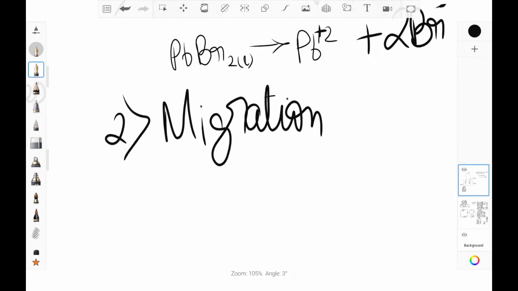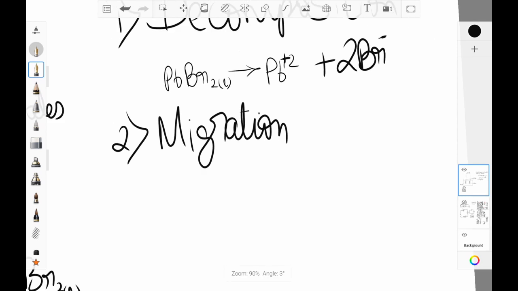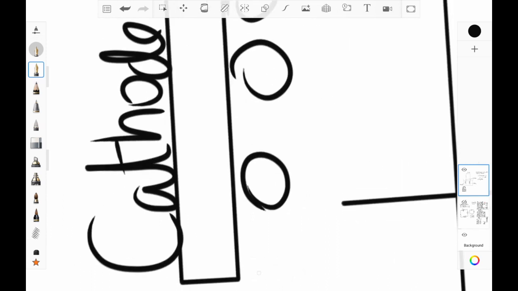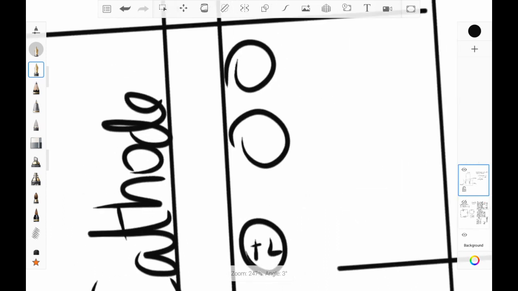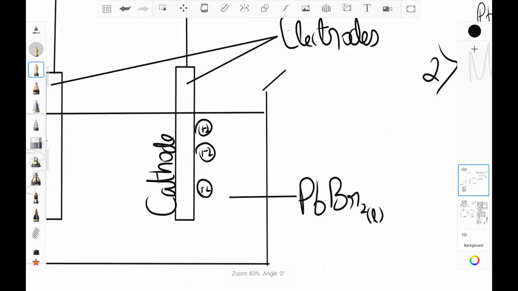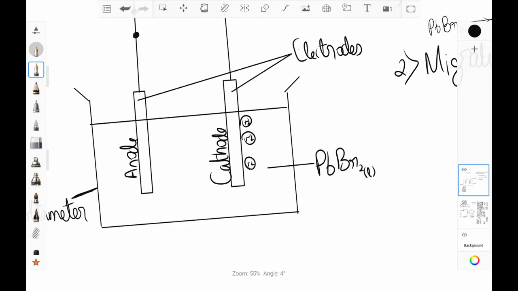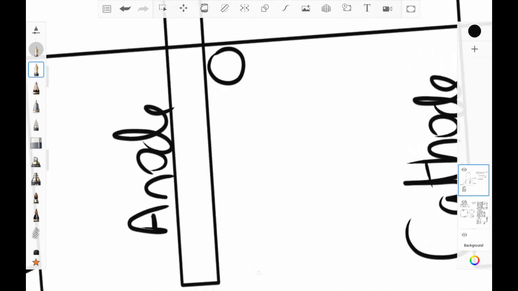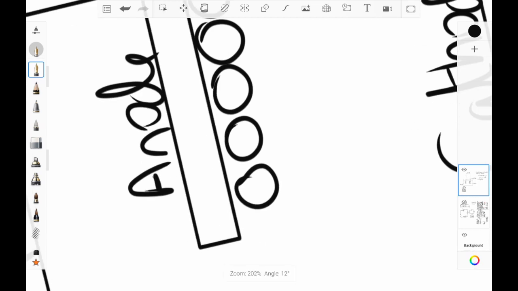So the lead ions migrate to the cathode, as in you're going to see the lead ions here, 2+, 2+, 2+. Those are the lead ions going to the cathode, and you'll see the bromide ions at the anode. 1, 2, 3, 4, 5, 6.